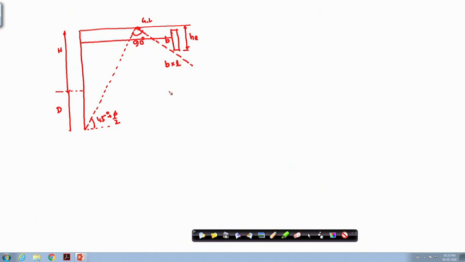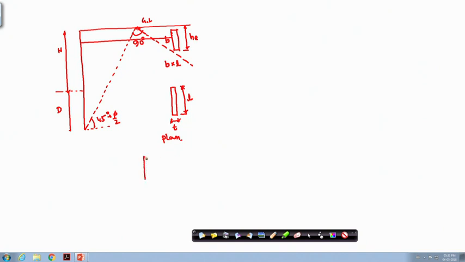Now, if I draw the plan, this is the section, and this may be the plan. This is the length L and this is the thickness, say T. So, this is the plan, and you can put anchors like these in terms of plan.